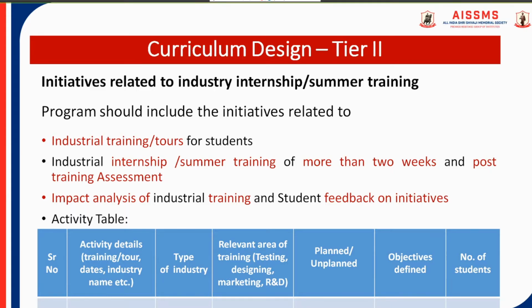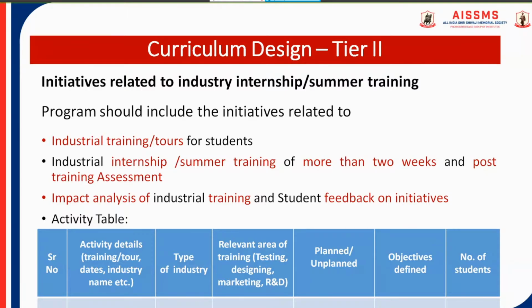So these are the things which the teacher should keep in mind, whether it is for a particular activity or when designing the curriculum. It should be very clear in their mind why am I doing this and how it is going to help the students finally. So these are the two important aspects which all the teachers must understand when they are designing their curriculums.